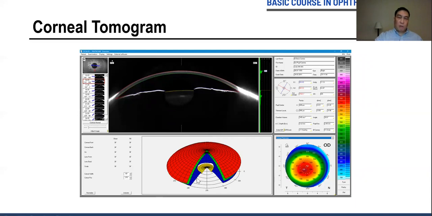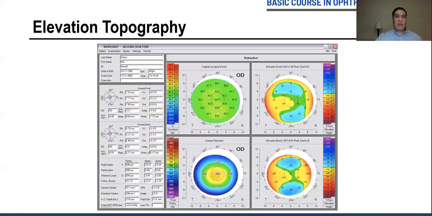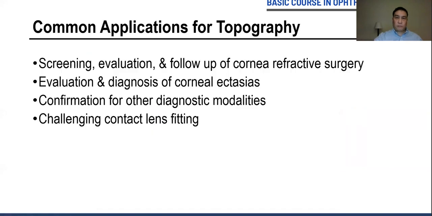So this machine can come up with a rendering of what the anterior segment would look like. And of course, it can come up with detailed maps of the cornea as well, like in topography. Again, these are pictures of a Pentacam. You can see that this is fairly normal. You can have the distribution of thickness and the distribution of the keratometric values here.